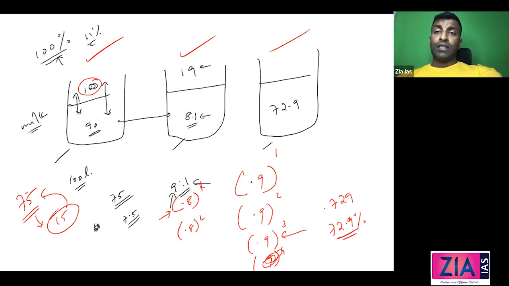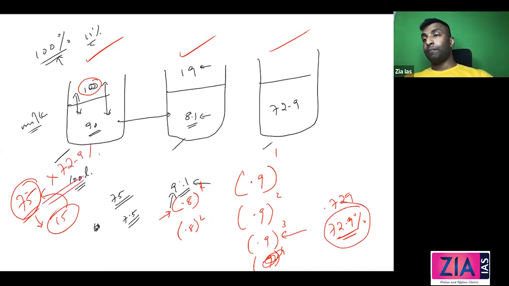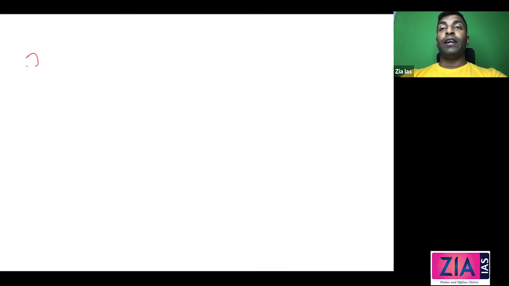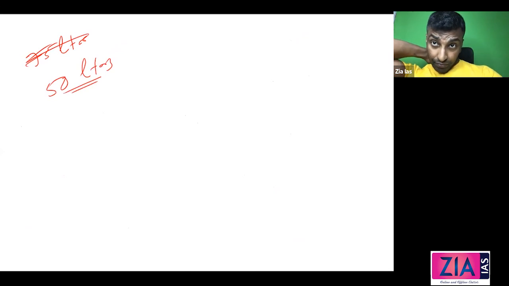Imagine if this question is of 75 liters. Now what I need to do? 72.9% of 75 liters. I'll get the answer. Or let's talk about 50 liters. 50 liters, 7.5 liters taken out.